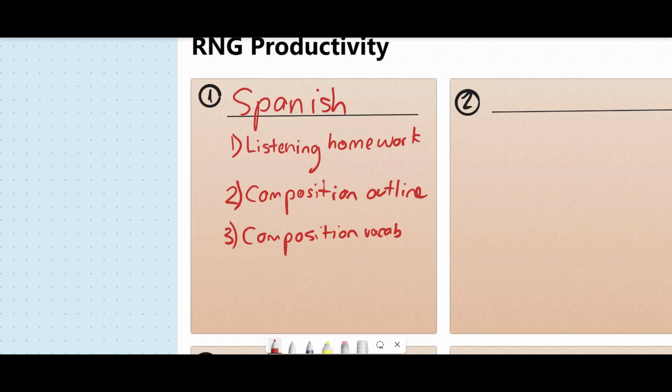But another thing that's important to note here is, listening homework, we can assume that would take 20 to 25 minutes. We're going to operate under that assumption. But for composition, we shouldn't just put down composition because we are going to lose motivation if that's what we do. So what we put instead is we would break it down.